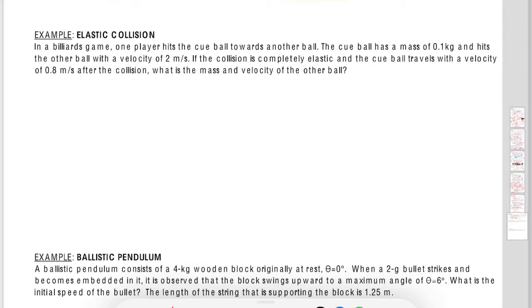Okay, so I'm going to split this into two sections. On this side, I'm going to use momentum to find the mass of the ball. And on this side, I'm going to use kinetic energy, where I'll find the speed or velocity of the ball.